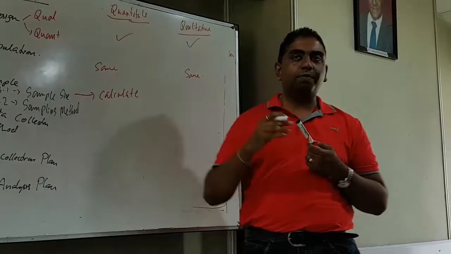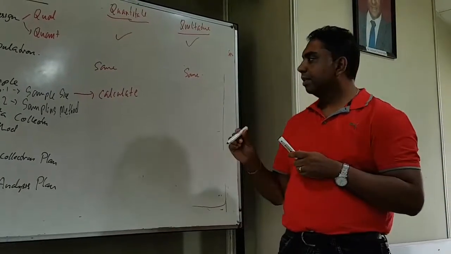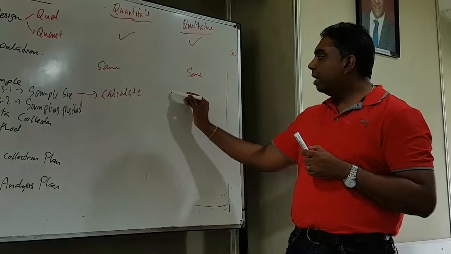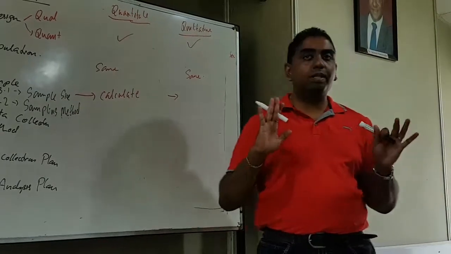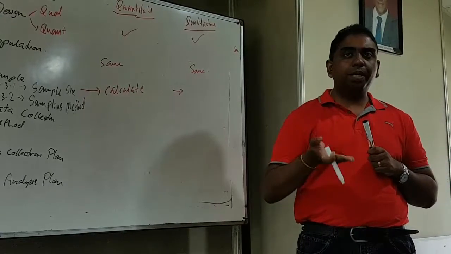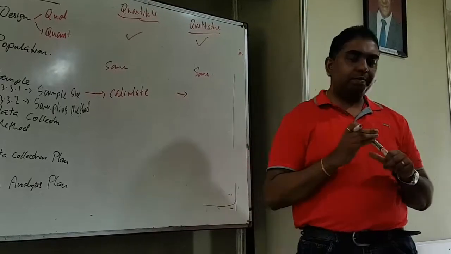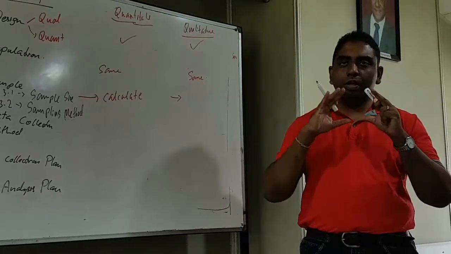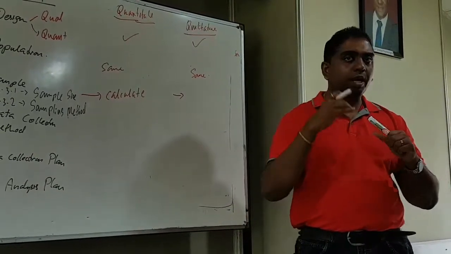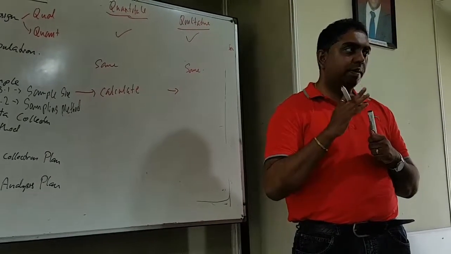I showed you, using software you can calculate. Okay. In qualitative, we don't calculate a size. In qualitative, we don't prescribe a size. Qualitative research is like this. Qualitative research is all about data quality. Try to understand what I'm saying. Data quality.